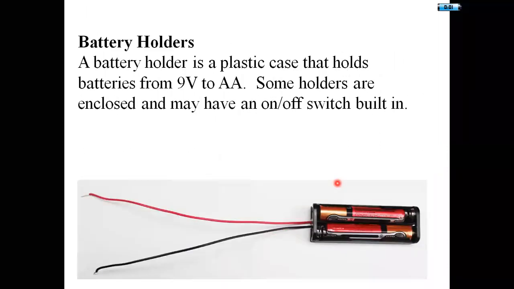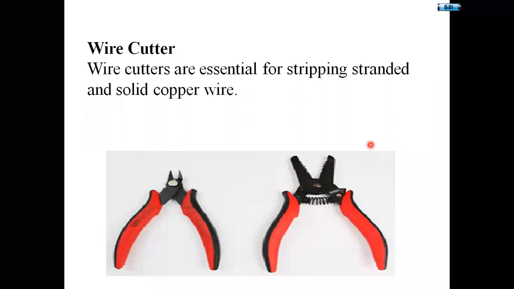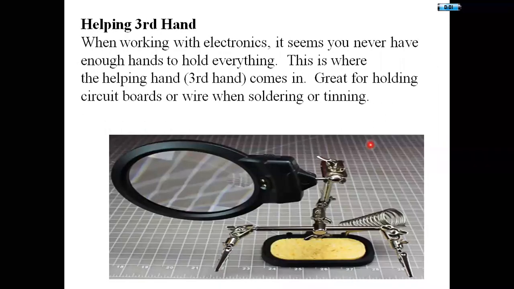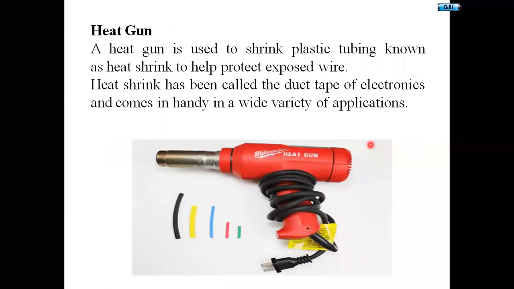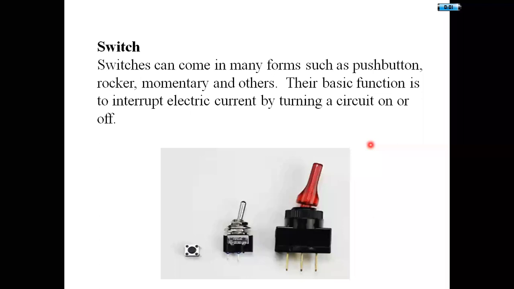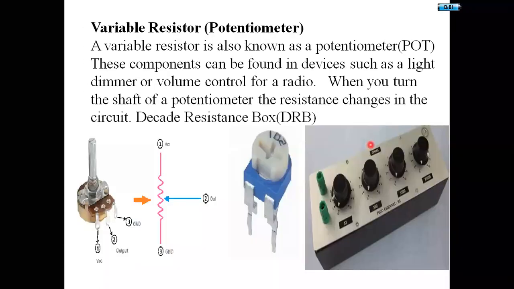Next one is battery holder. Next are test leads, alligator clips, wire cutters, precision screwdriver set, helping third hand, heat gun, jumper wire, soldering iron, switch, resistor, variable resistor, we can call this a pot.